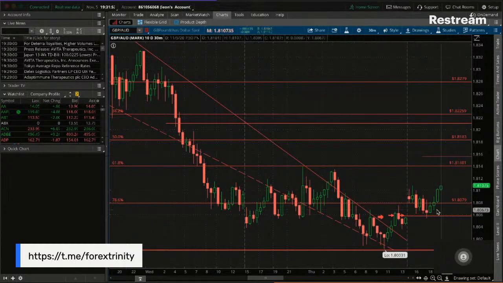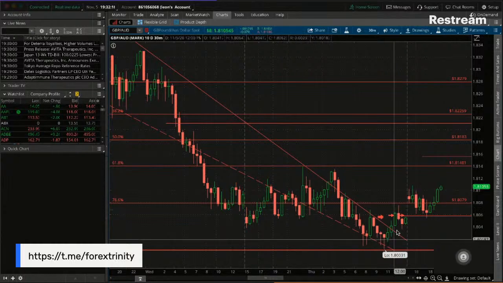This is a hybrid pair too, is what I stated, is that it can move 300 pips in a day. All right, so trading this pair, you can make some very good pips per day, because it moves so much. It's a hybrid pair.